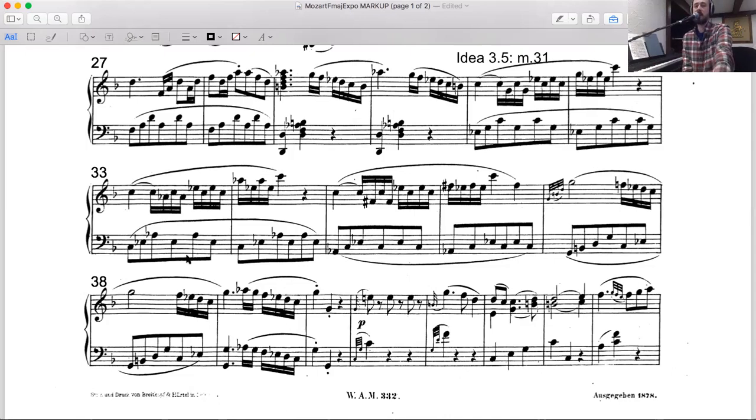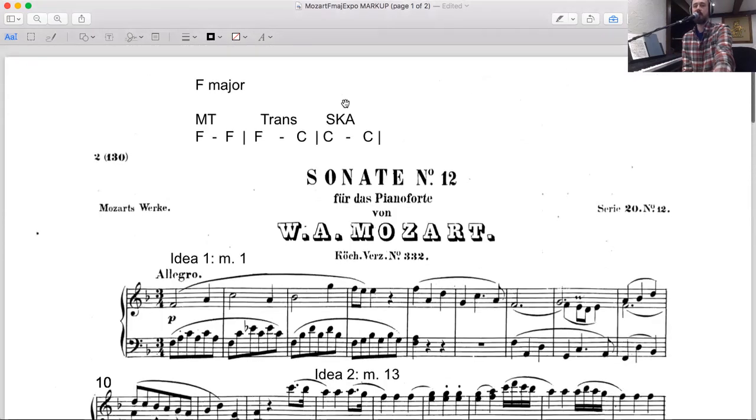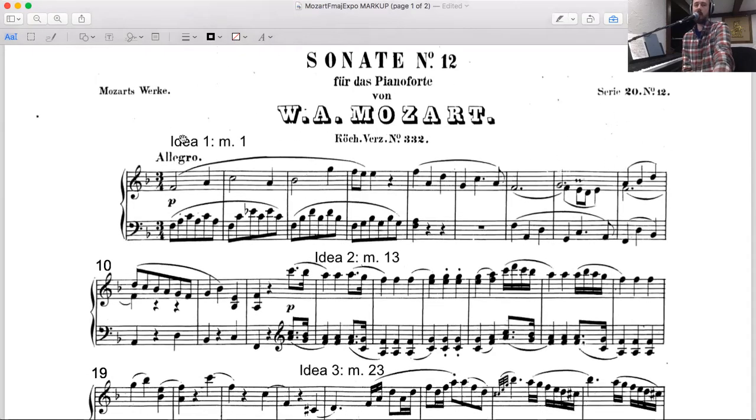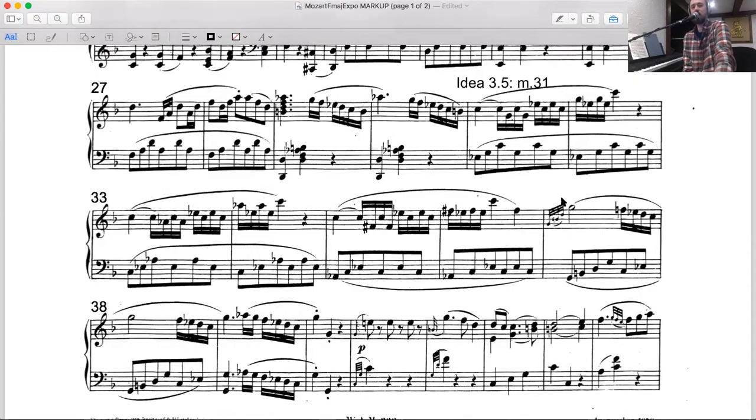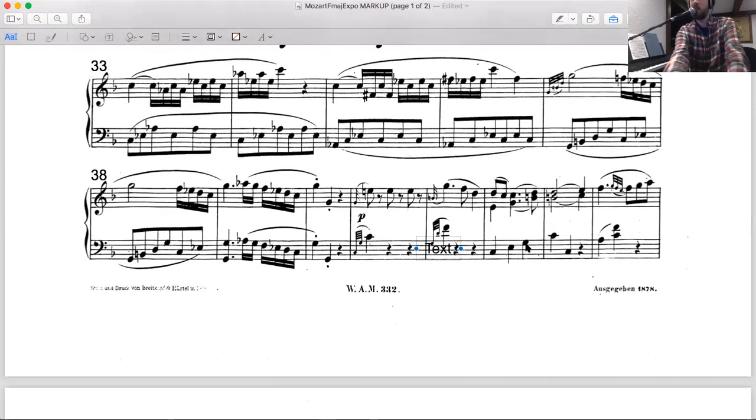What's significant about C major? Well, that's our secondary key area. So what looks on the map super straightforward: we're in F for the main theme, and then the transition goes F to C. What we ran into was idea 1, idea 2, idea 3, idea 3.5, I might even call this an idea 3.6, before we finally arrive at the ska section here in measure 38, 39, 40, 41. Measure 41. So that's a lot to unpack.